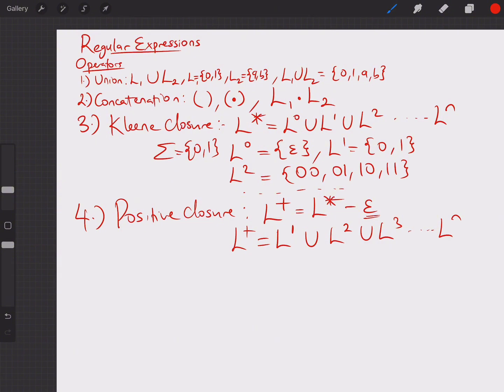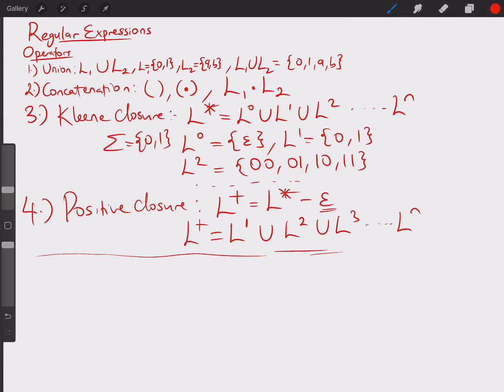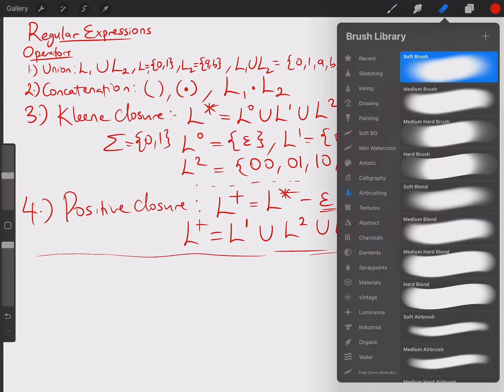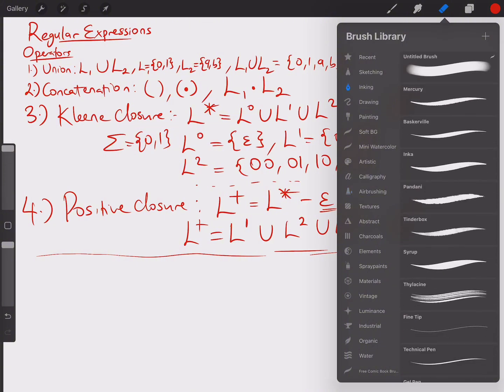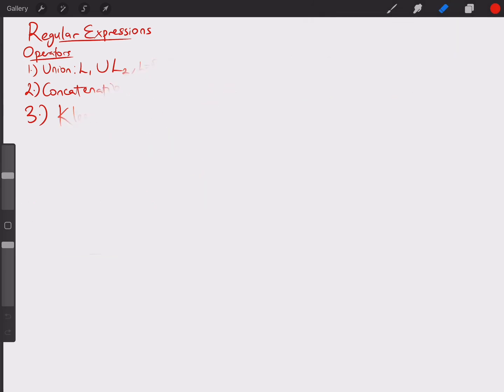So these are the primary operators that we have for regular expressions. Let me clean that up. Okay, moving on.